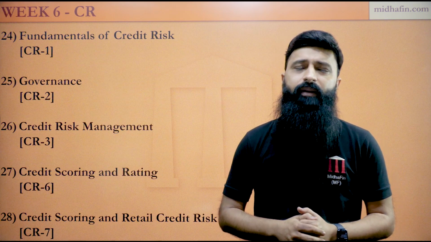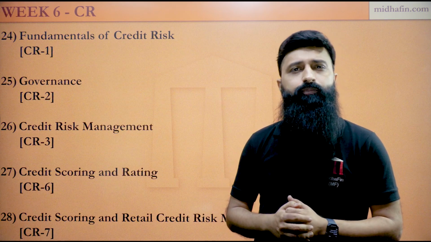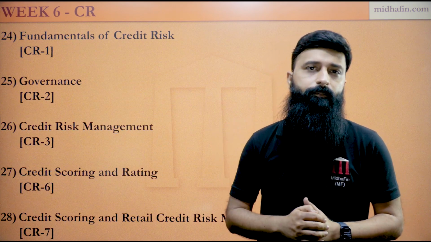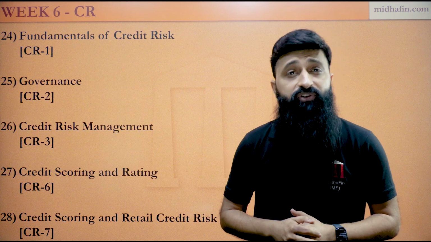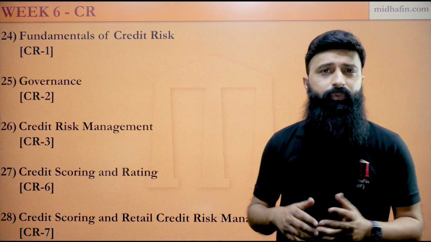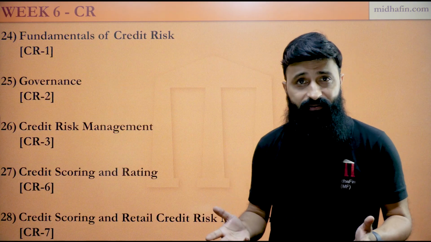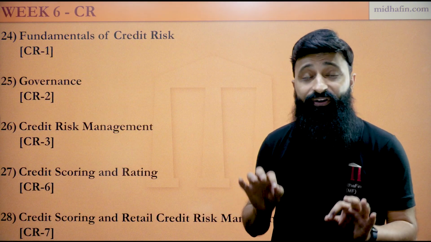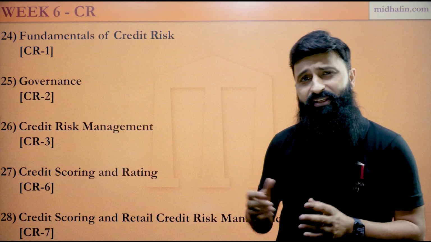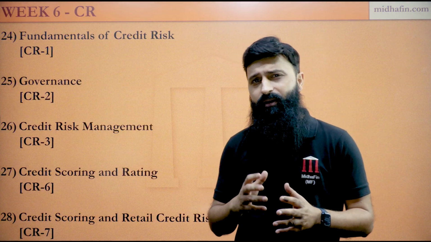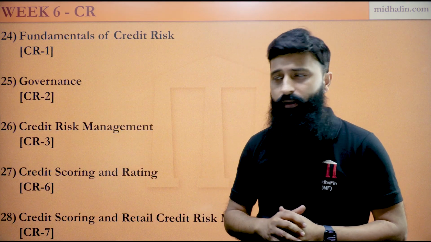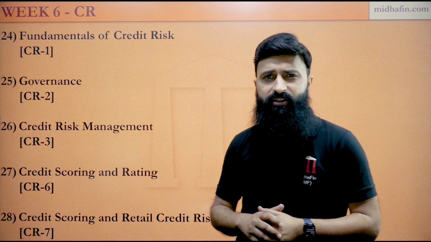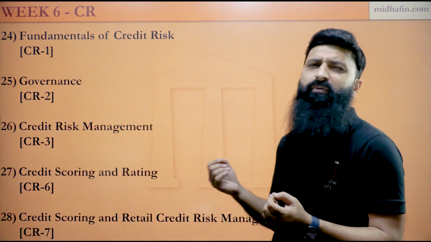It covers elements of lending policies, exposure limits, credit facility allocation, loan loss provisions, all those things. And it provides some practical insights into managing credit risk within financial institutions. Okay, we have seen some of the governance principles also in the Foundations of Risk Management module. So this chapter might build on some of those concepts.